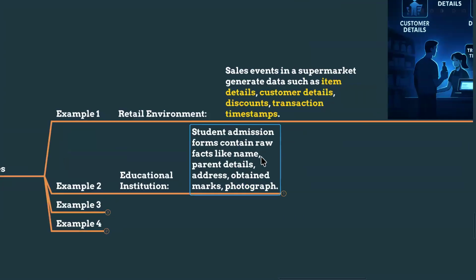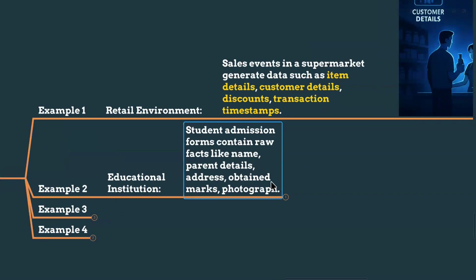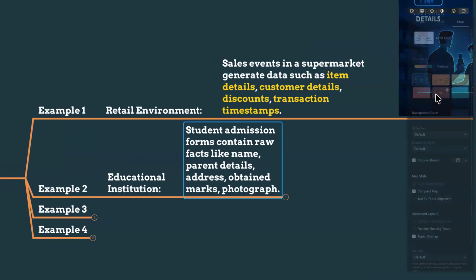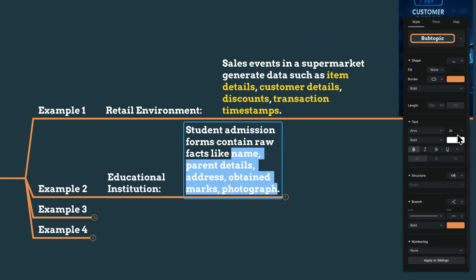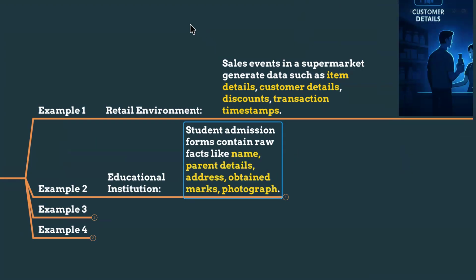As well as in an educational institution example, student admissions. The admission form contains some raw facts like the name, parent details, address, the marks you have obtained, as well as your photograph. We are processing your AAT exam applications, as well as your AAT registration.